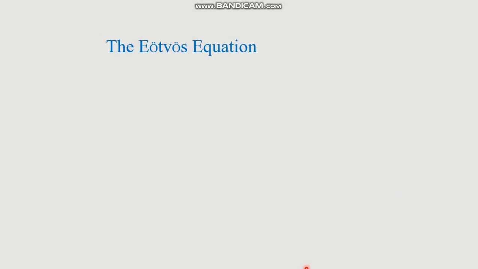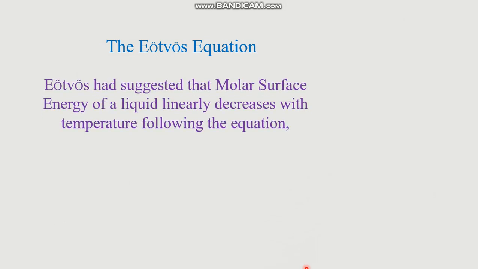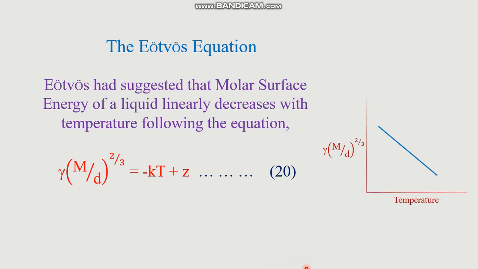Now, the dependence of surface tension as a function of temperature is given by the Eotvos equation. He had suggested that the molar surface energy of a liquid linearly decreases with temperature, and the linear equation is a y equals mx plus c type of equation of a straight line, which would have a negative slope like that.